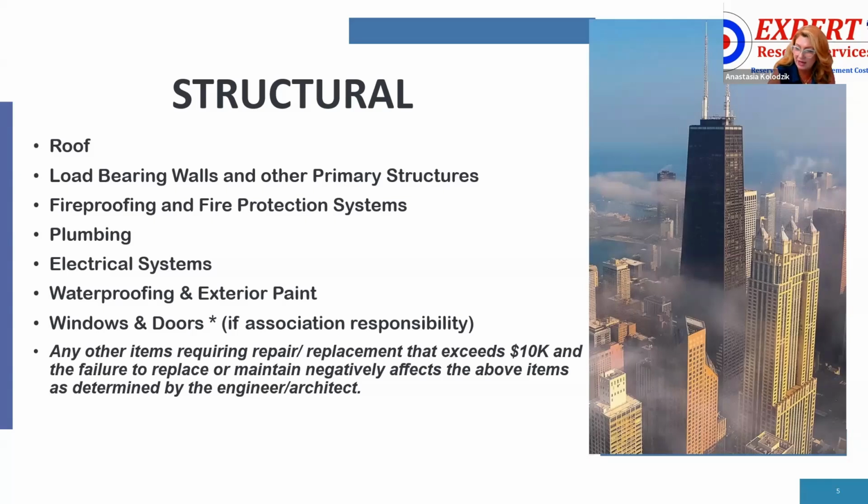And any other items requiring repair or replacement that exceed $10,000 and the failure to replace or maintain negatively affects the above items, as determined by the engineer or architect. That's where we get into these underground garages, these side garages that are attached to the building, or the garages that span across 3 or 4 buildings underneath, sub-associations with a master on top. We just had one of those.